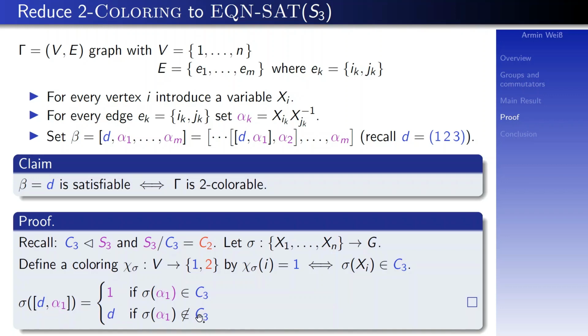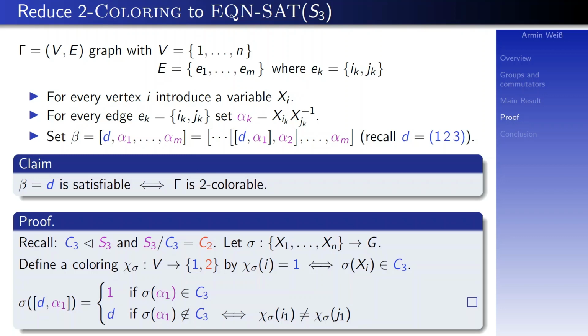So we have this. And now we know that sigma of alpha_1 is not in C3 if and only if the two endpoints of the first edge have different colors. And so that means this innermost commutator evaluates to something non-identity if and only if the first edge is colored in a correct way.